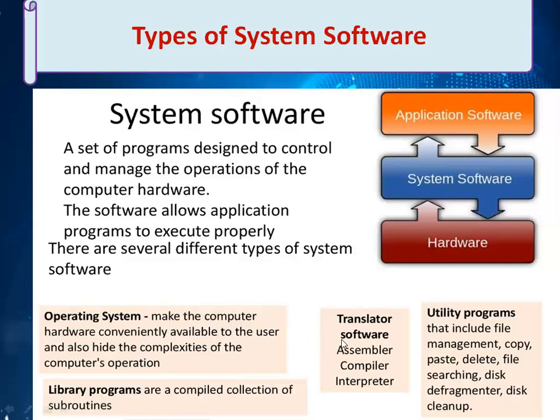Then we have language translators and processors: assembler, compiler, and interpreter, which are used to translate your high-level languages into low-level languages. Utility programs include file management, copy, paste, delete, file searching, disk defragmenter, and disk cleanup. These are some utility programs which we can use according to our requirements.